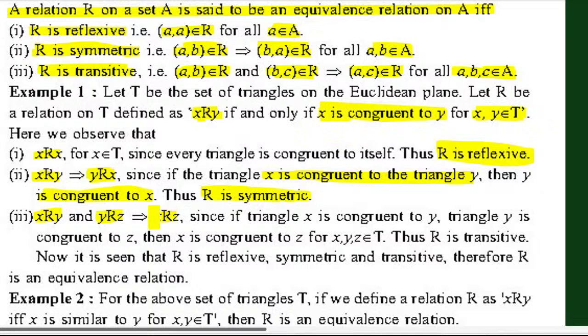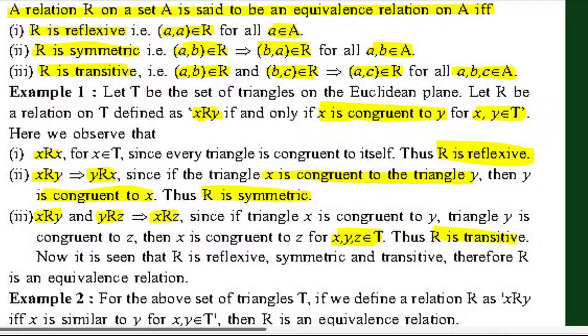So if triangle X is congruent to Y and triangle Y is congruent to Z, then X is congruent to Z, for X, Y, Z belonging to T. So thus R is transitive.